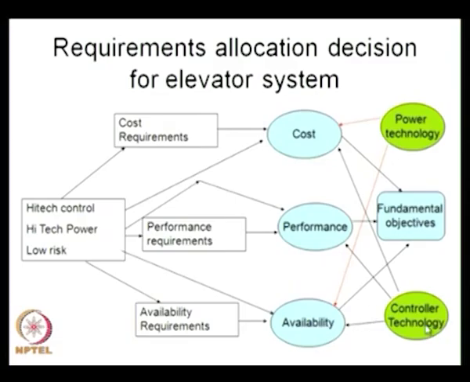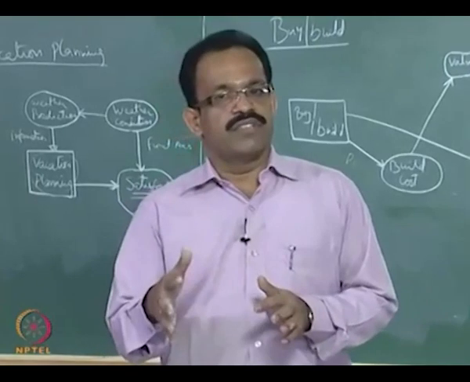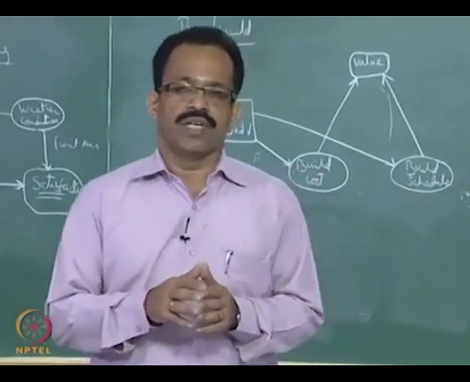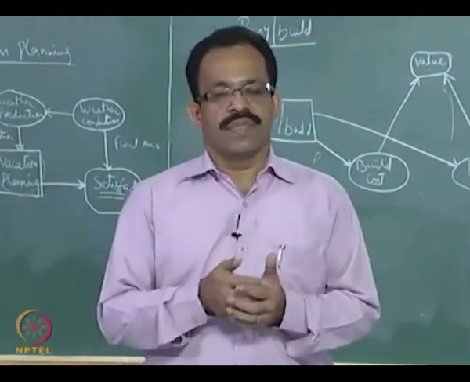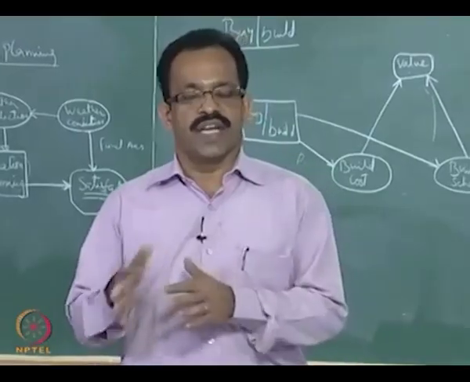So this shows that the performance, cost and availability all depend on the controller technology available, and then we have to take a decision based on the cost requirements, performance requirements and availability requirements. So this way we can represent all the parameters involved in the design, basically looking at the objectives and the requirements and the chance nodes existing.